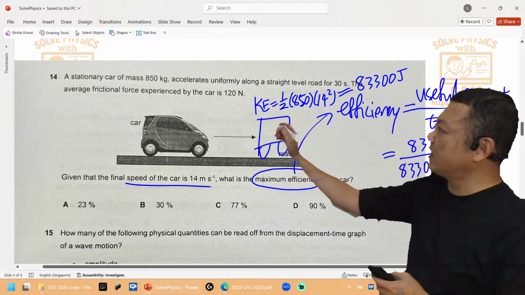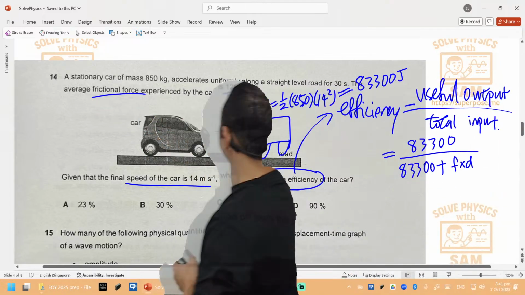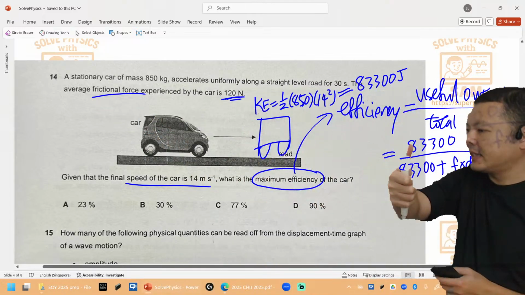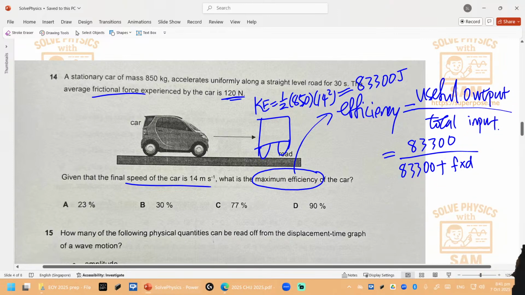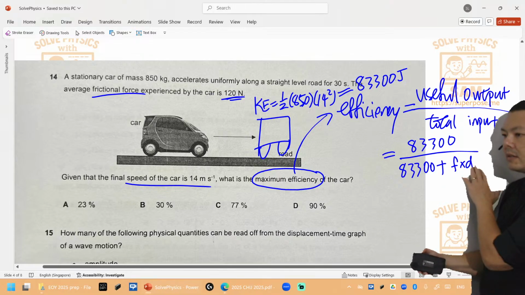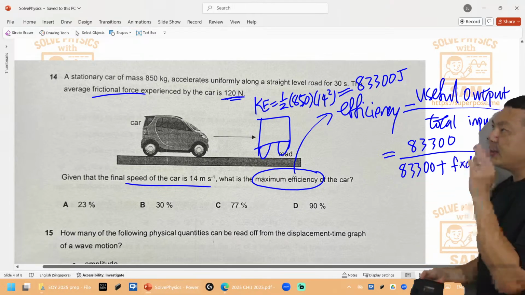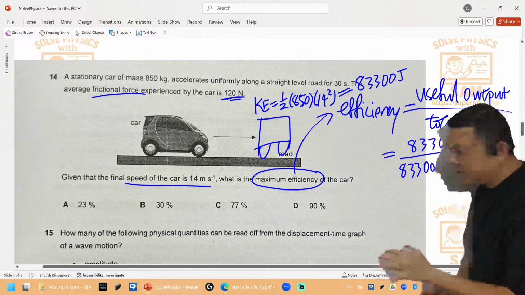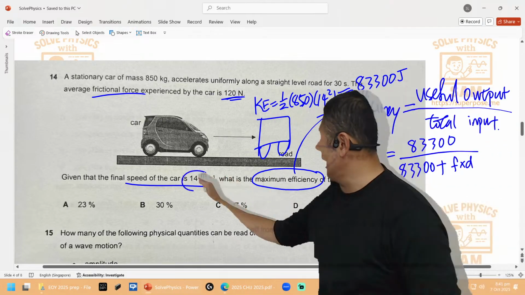Now they give us friction, 120 newtons. That's great. But I don't have distance. So you need to see for yourself that you can actually find distance. They give you the final speed.